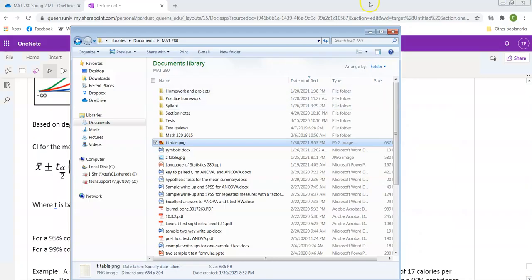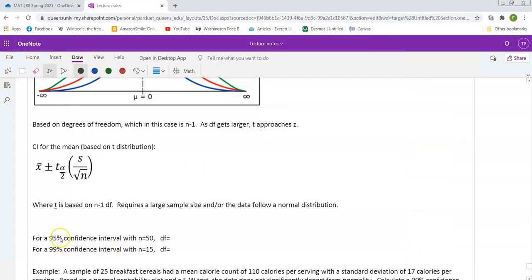Suppose we wanted to do a 95% confidence interval with n equals 50. Well, our degrees of freedom is going to be 50 minus 1, so 49. And in the right tail, we want 1 minus 0.95, which is 0.05, divided by 2, so 0.025.